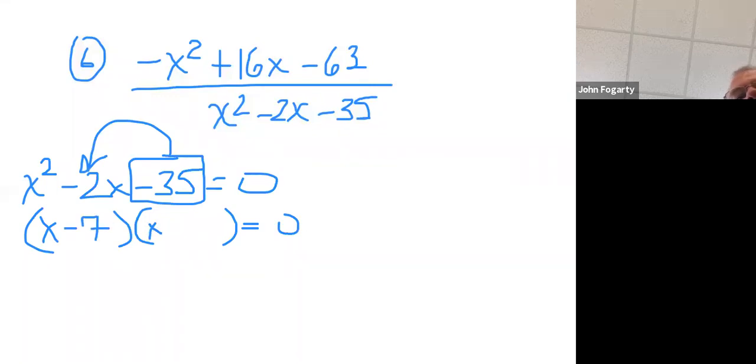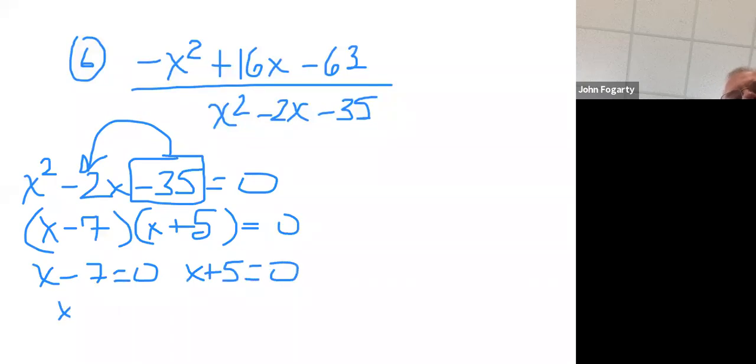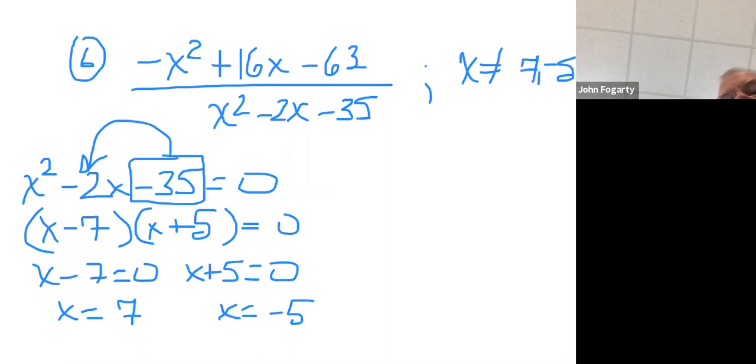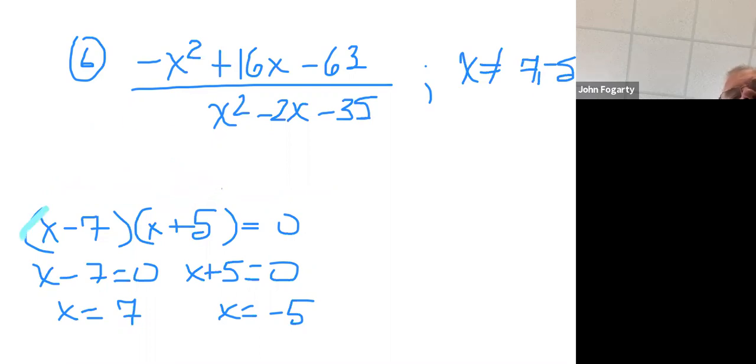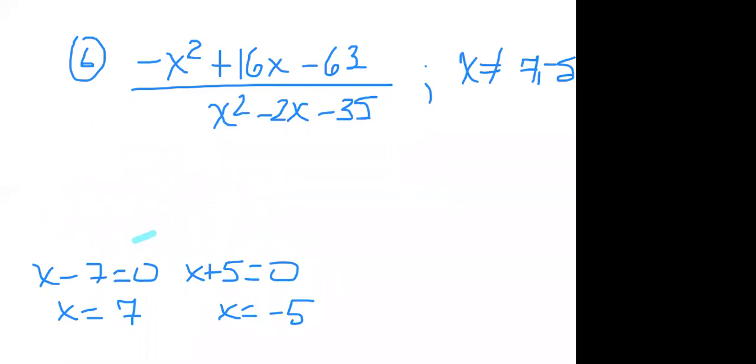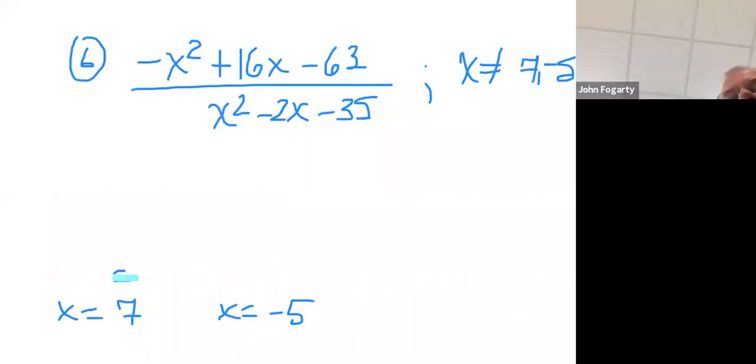Well, we know that that's negative 7 and positive 5. And then we just let each factor equal 0. Solve both of those. And we know that in this function, x cannot equal 7 or negative 5. Because if it did, our denominator would be 0, and that would be undefined. And in a graph, that would look like either a hole or an asymptote.